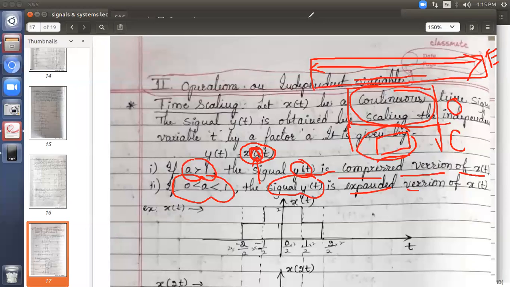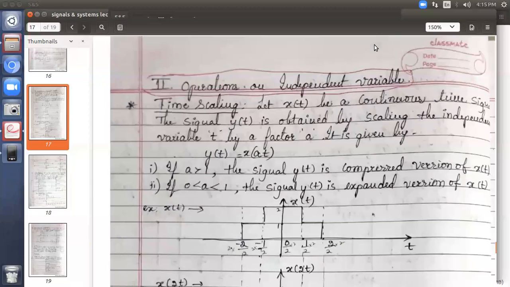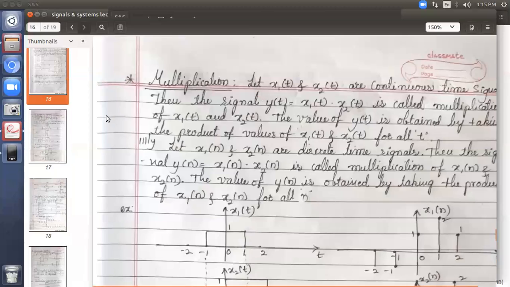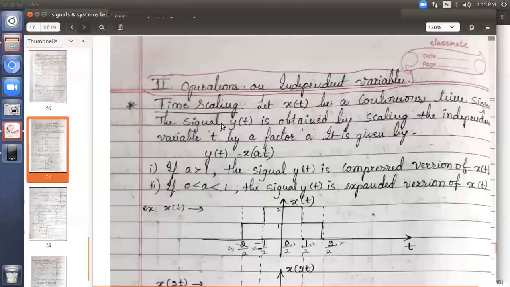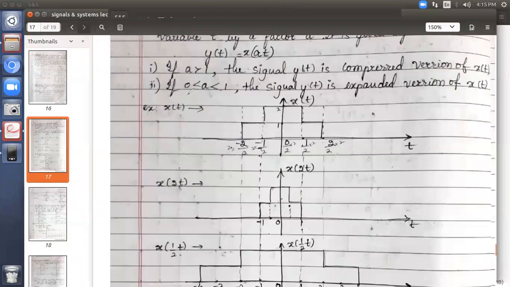Now with an example, let us try to understand time scaling. This is one example taken. This is one signal x of t given to you.